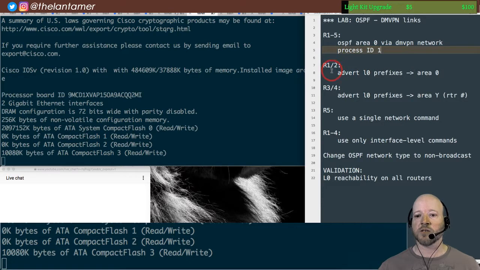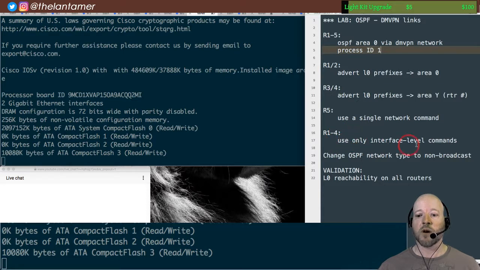So routers 1 and 2, their loopbacks will be in area 0. And then routers 3 and 4, there'll be an area for each of those for their loopbacks. So this is going to get kind of interesting here. Router 5 is telling us we have to use a single network command. See, he's not going to advertise any loopbacks.